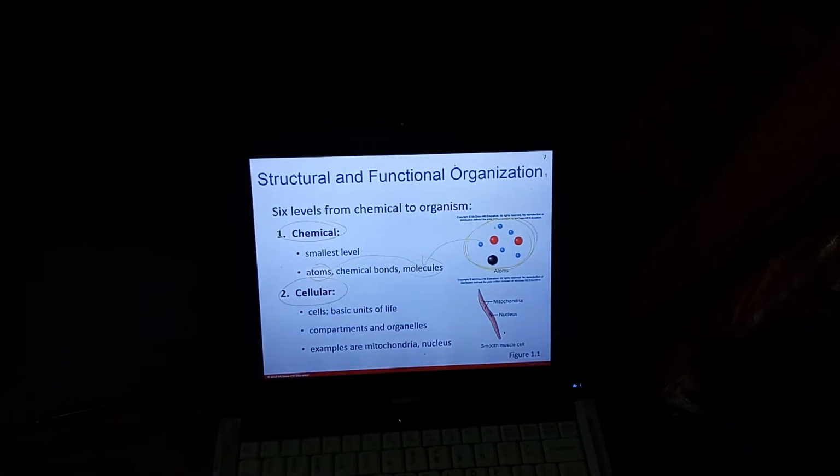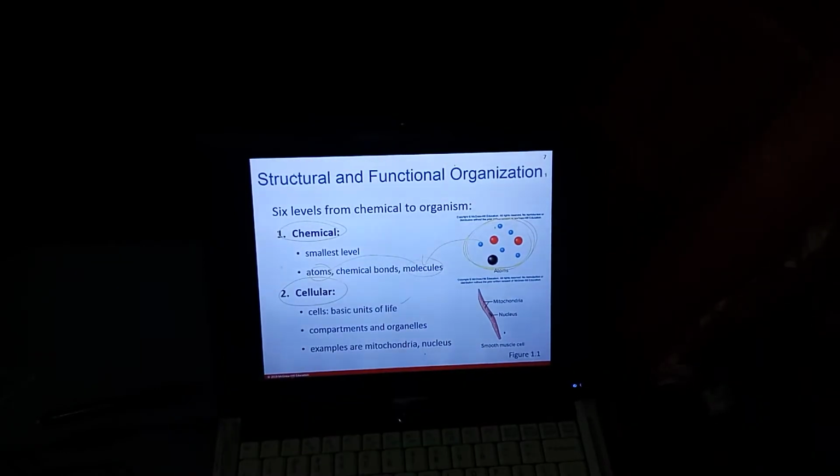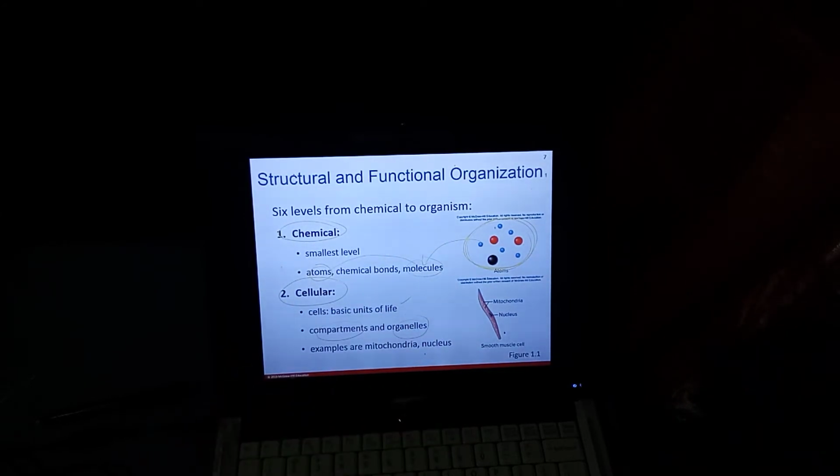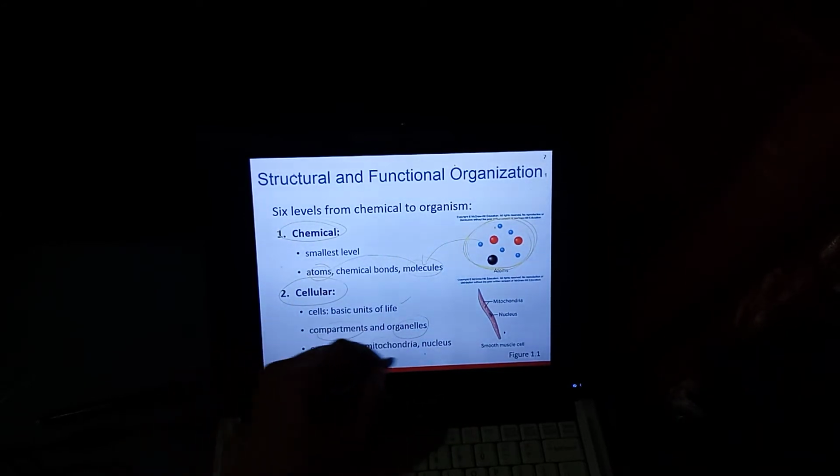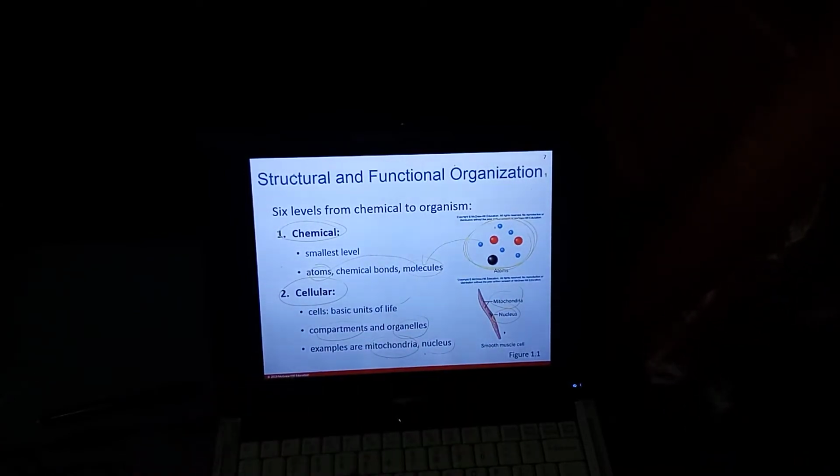And cells, the cellular level. We all know that cells are the basic living unit of all living things. Cells are the basic units of life. They include compartments and organelles. Examples of organelles are the mitochondria and the nucleus, which are parts of your cells.